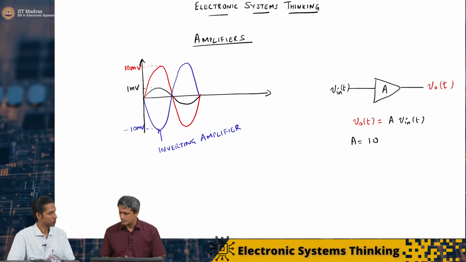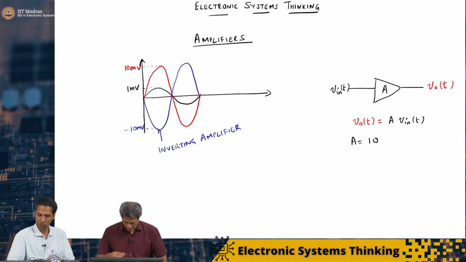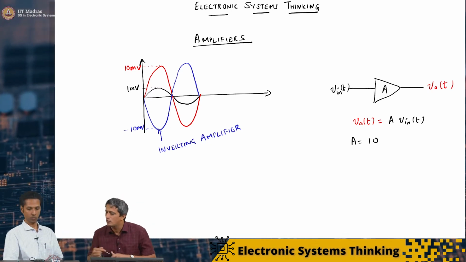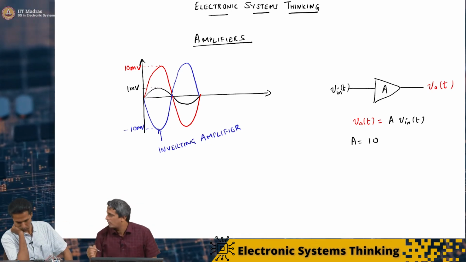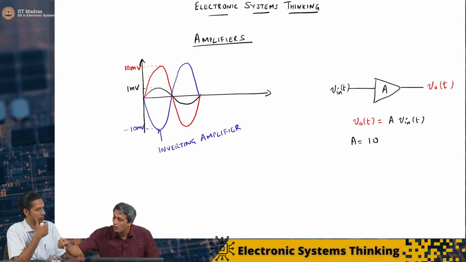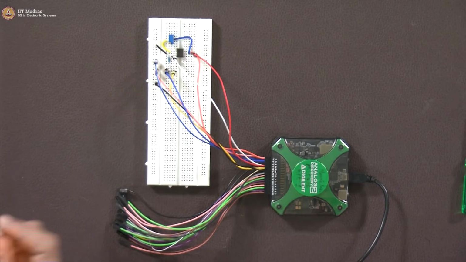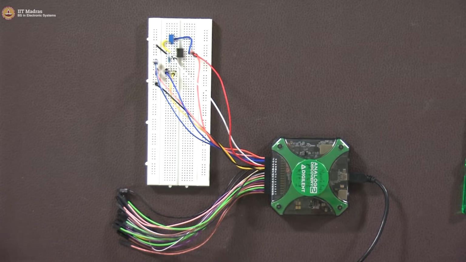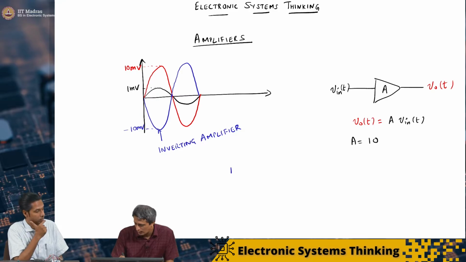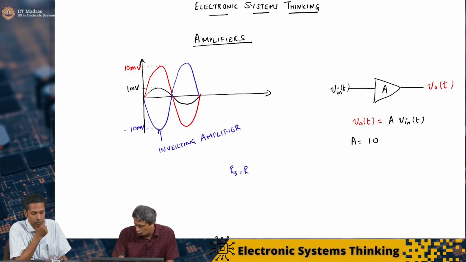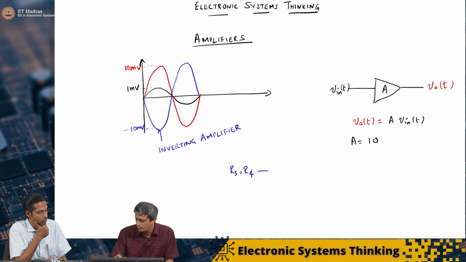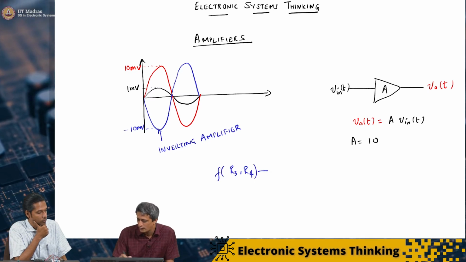In today's experiment, we have the same amplifier that we had last time, along with two resistors that are tunable, used to control the gain. R3 and R4 together tell you what the gain of the amplifier is.